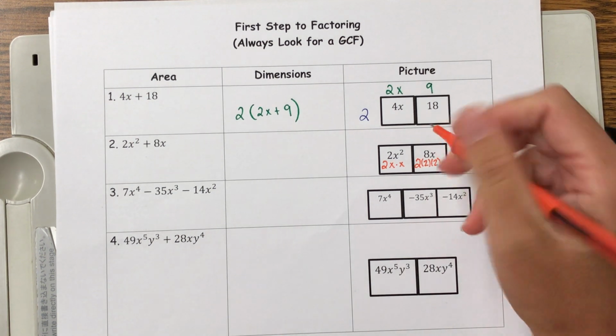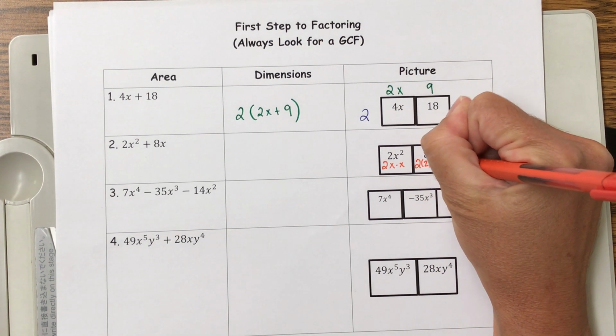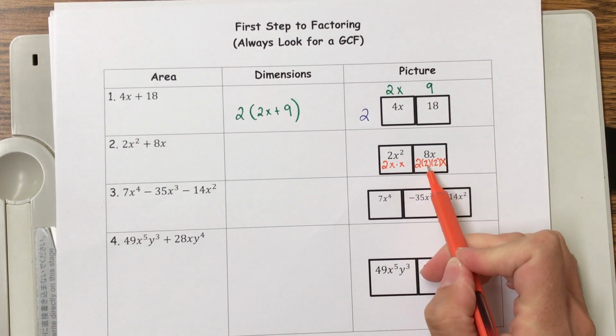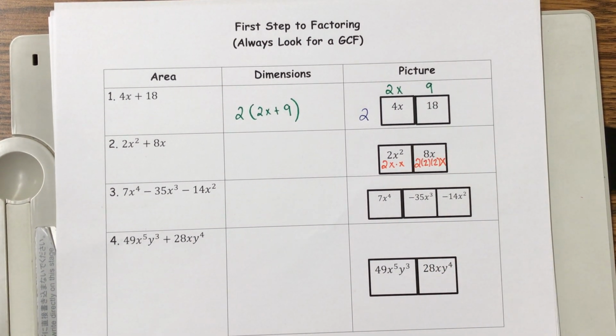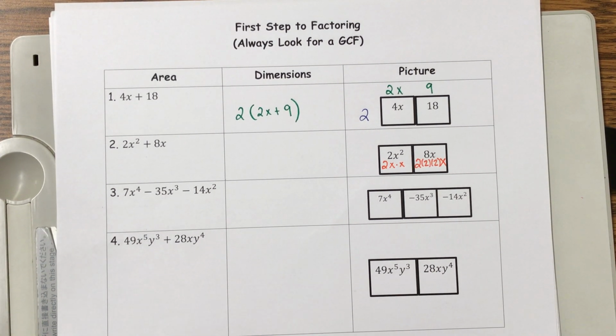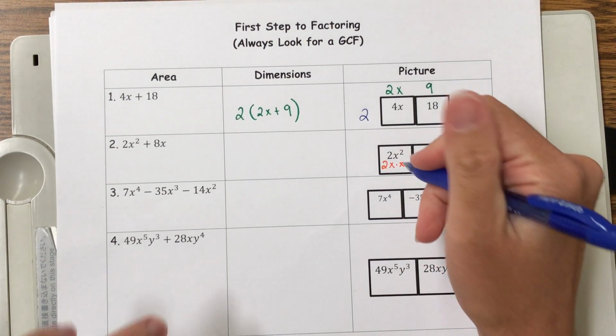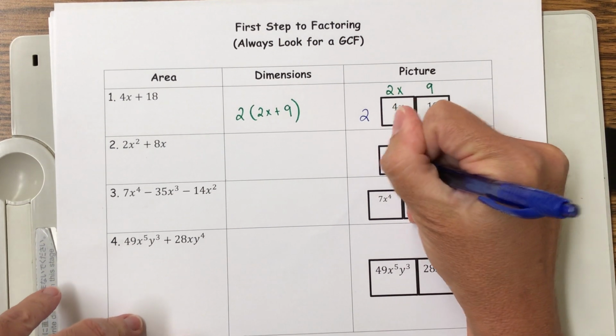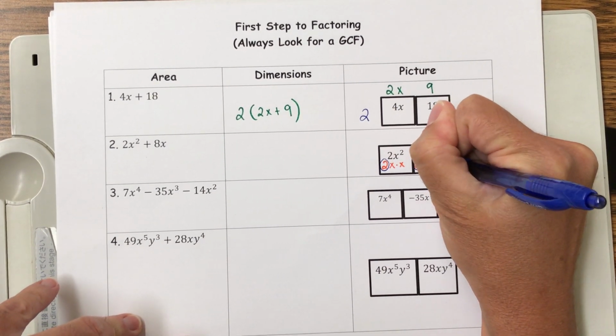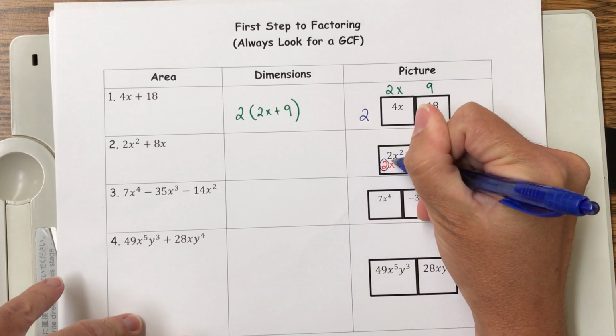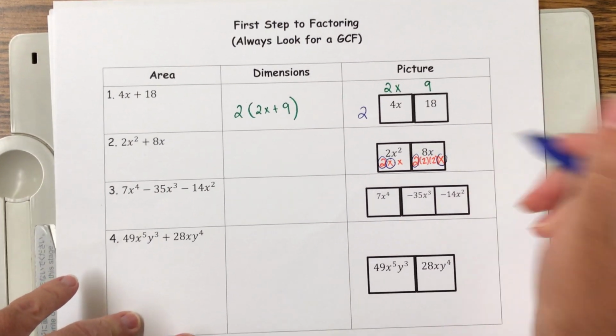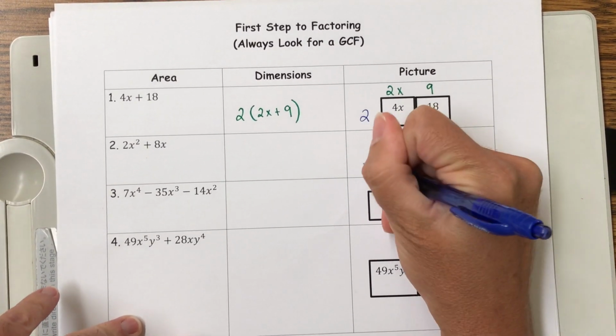That's as low as I can break it down, but then it's an 8x, so 2 times 2 times 2 times x. So now, how do I find that GCF? What do they have in common? Well, they each have a 2 in common, and they have the single x in common. So I have a GCF of 2x.